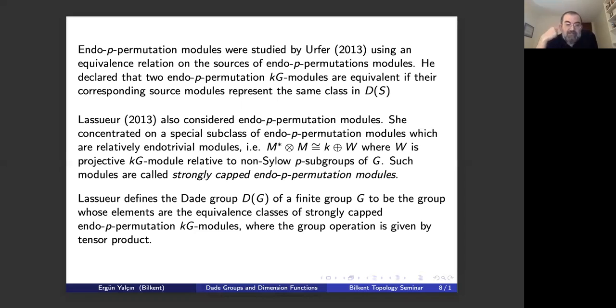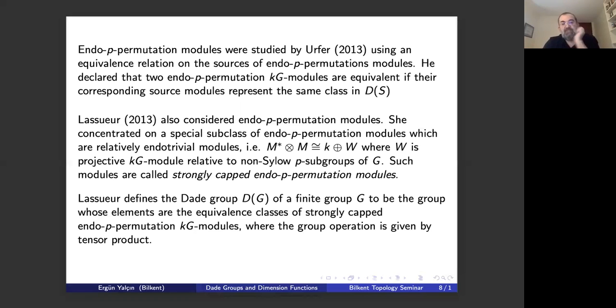But Lassueur computes tensor induction. Because everything is defined by tensor products, induction in the Dade group theory should be tensor induction. She calculates tensor inductions of her strongly capped endo-p-permutation modules, and she finds that their tensor induction is no longer strongly capped, which is a problem because then you cannot define induction on the Dade group.